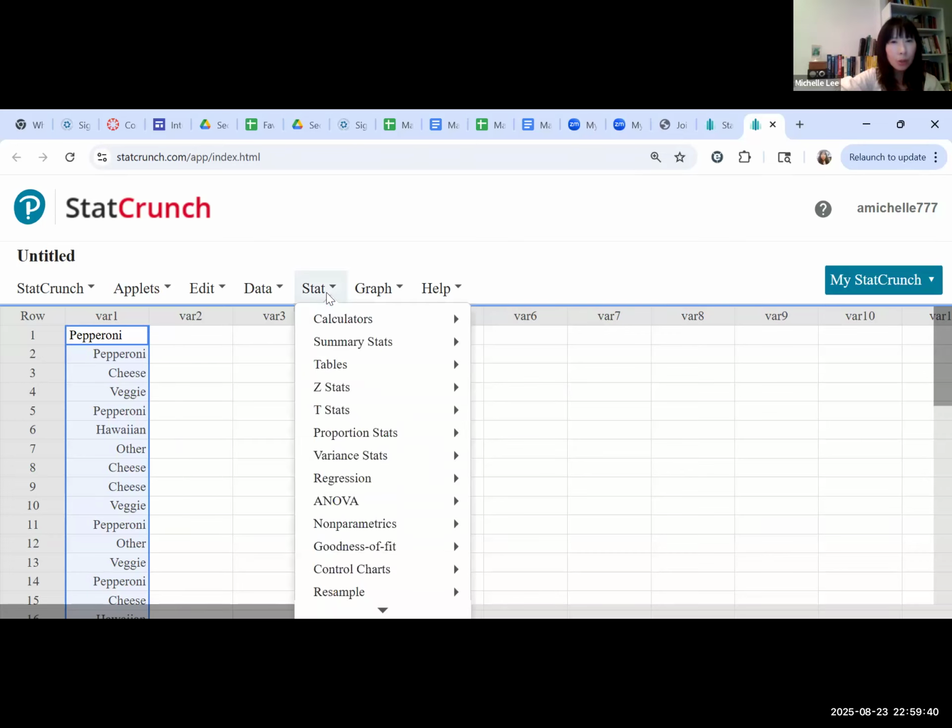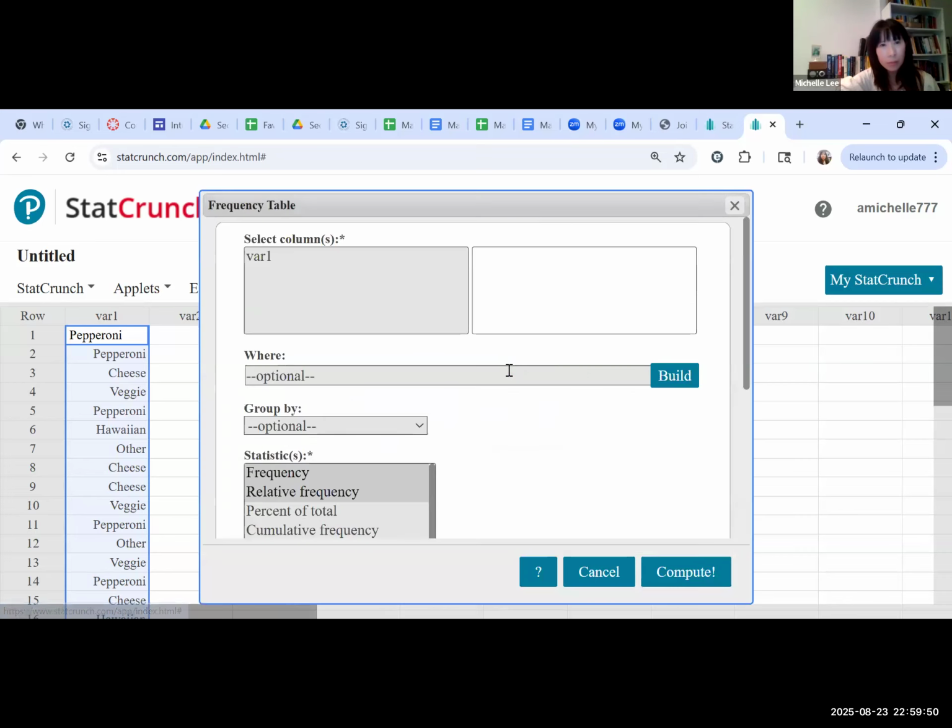Now we're going to go to Stat, and there are the tables and frequency, right? Let's do that. If you want, you can change the name of the column, like favorite pizza, right?